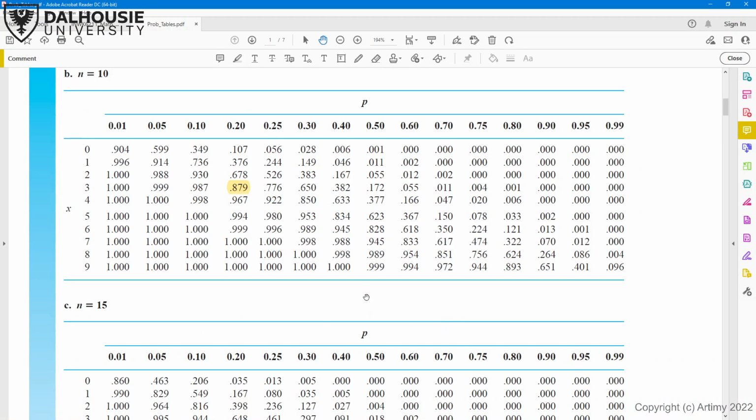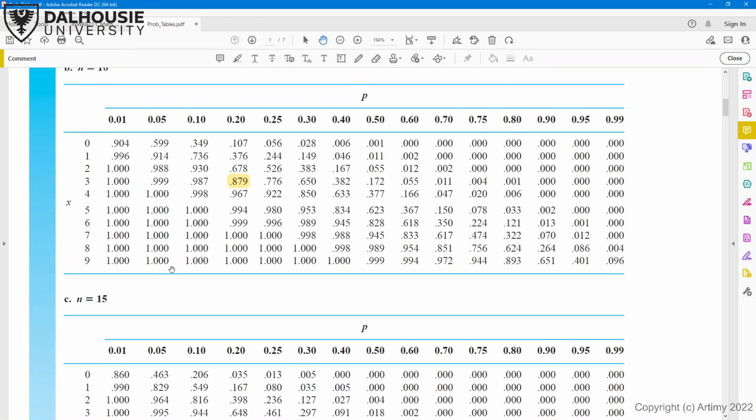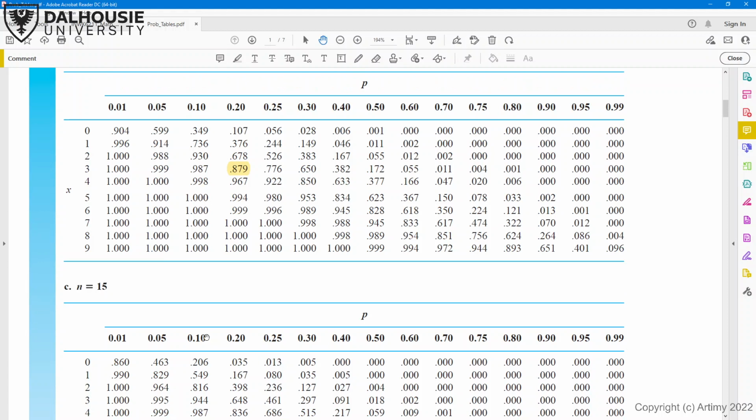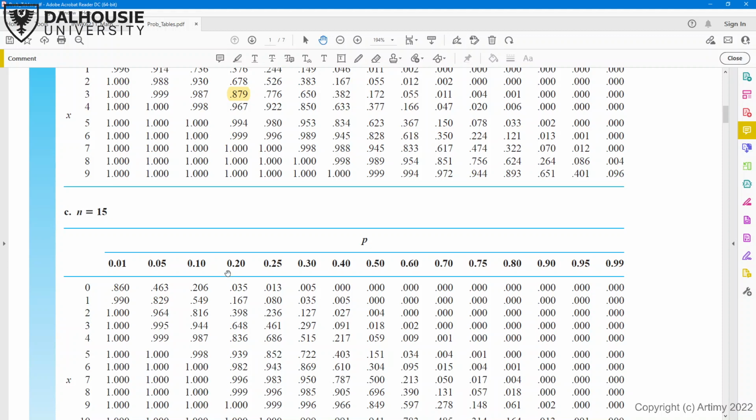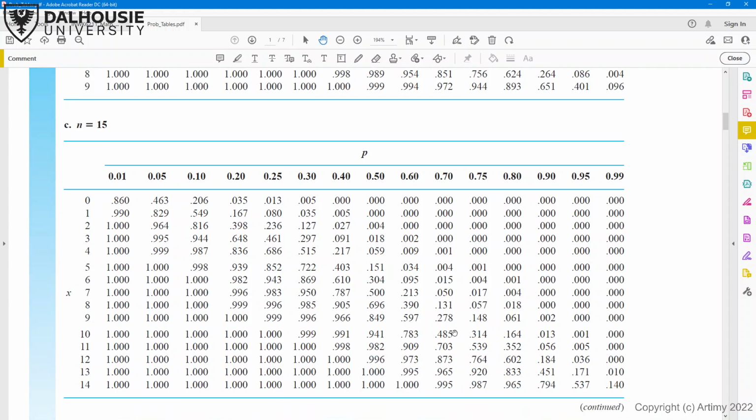Can we find it? We don't find it in this particular table, so we either use a different table or just do it manually.